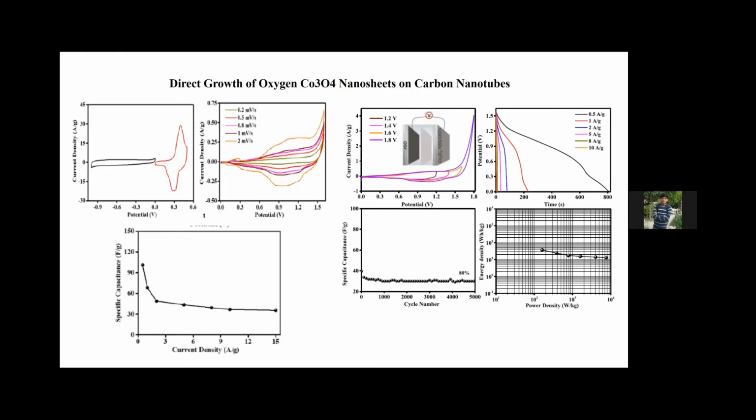During this direct growth or hydrothermal process, they first use the cobalt oxide and the substrate, and after performing the hydrothermal reaction, they can get the cobalt oxide and carbon nanotube composite onto the substrate, and they directly use it as an electrode material, and they get redox peaks or good electrochemical performance, good specific capacitance.